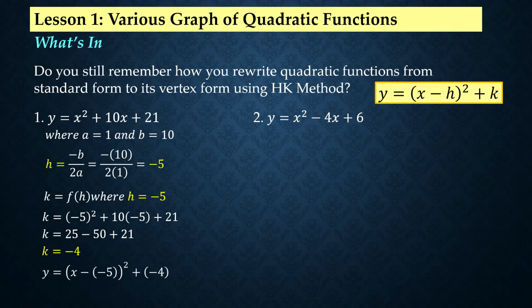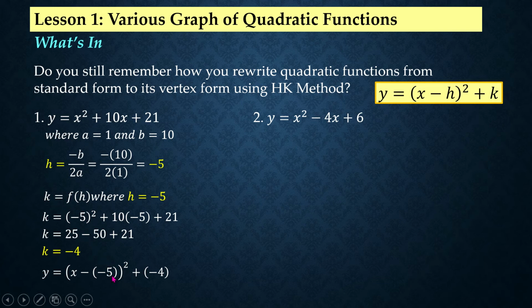So we have already arrived at the values of h and k. How are we going to write the vertex form y is equal to a times the square of x minus h plus k? Our h is negative 5, so we replace h with negative 5. So that would be x minus negative 5.